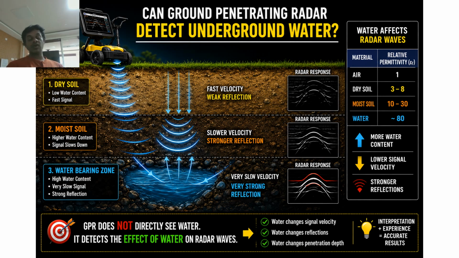This is why GPR is mostly useful for shallower groundwater studies, mapping the water table, and moisture investigations. And in some cases, we can also use it for environmental surveys. But for deep groundwater exploration, other geophysical methods such as electrical resistivity are often preferred.